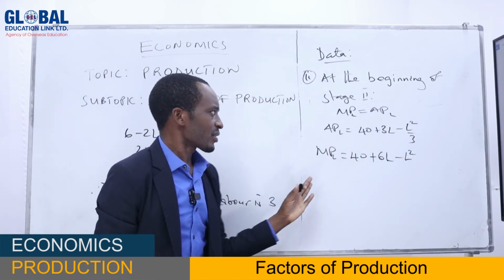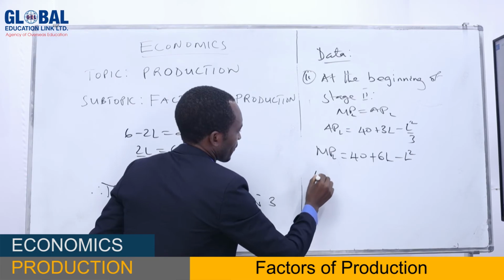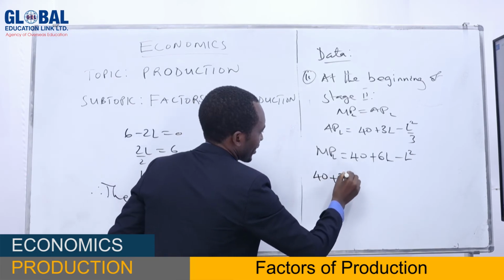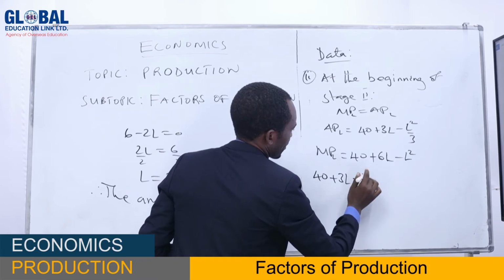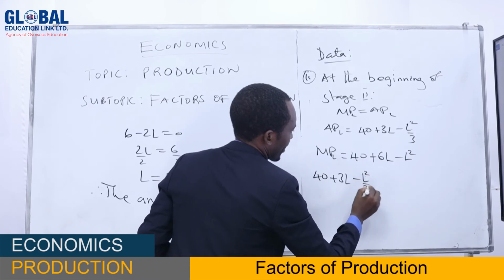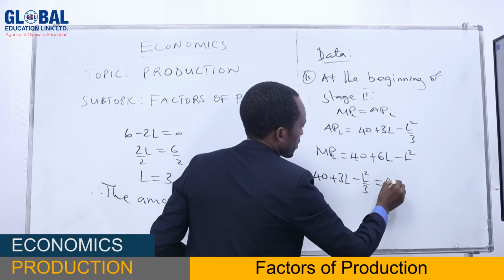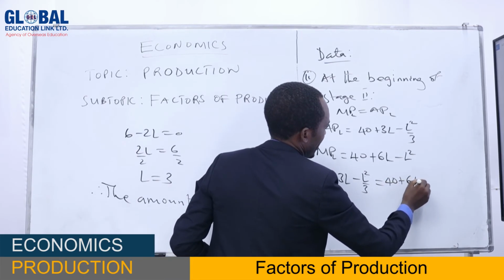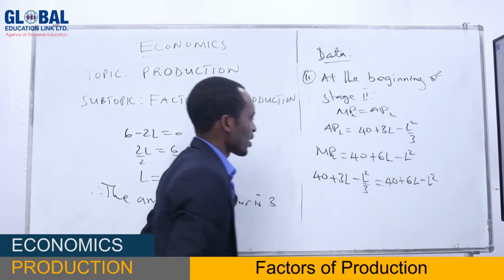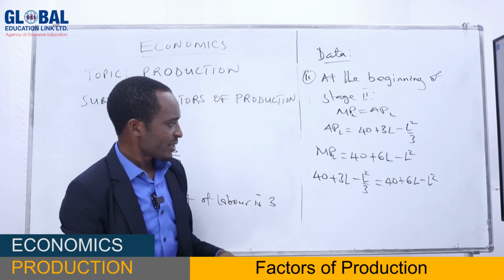So when you equate these two equations, 4 plus 3L minus L square over 3 will be equal to 4 plus 6L minus L square. So you can collect the like terms.